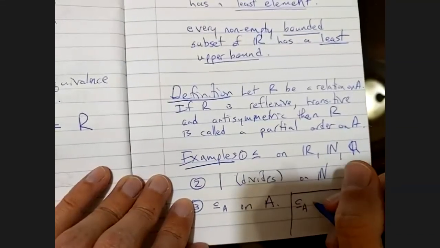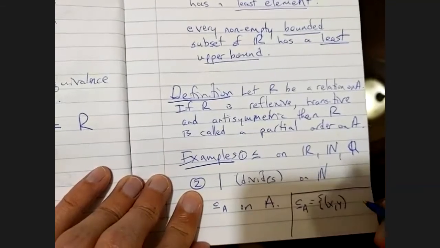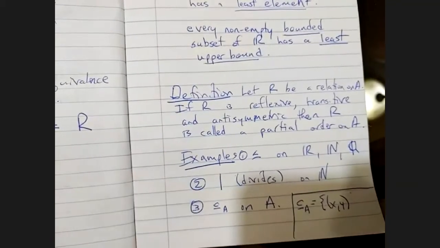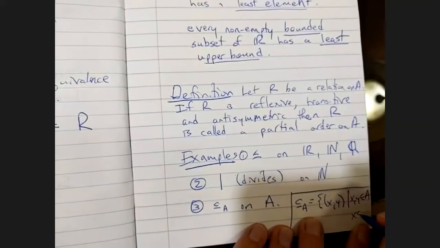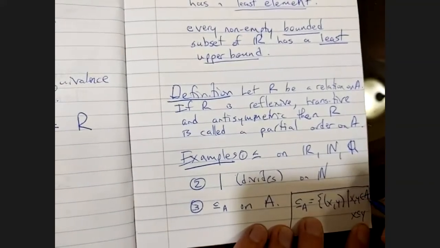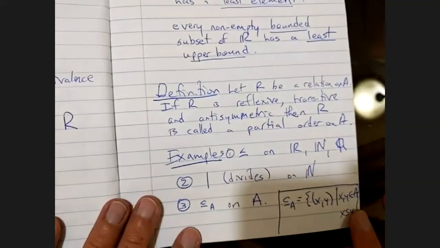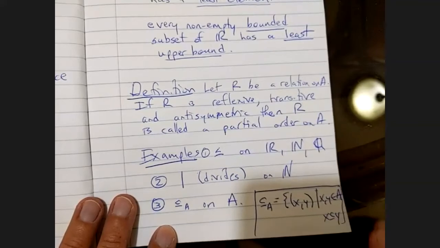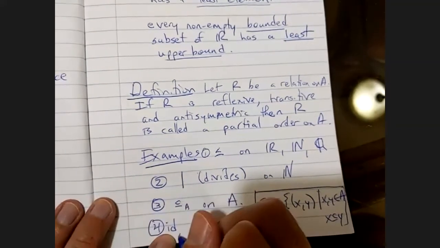The subset relation on A is just: X is related to Y if X and Y are in A, and X is a subset of Y. This is transitive, antisymmetric, and reflexive.